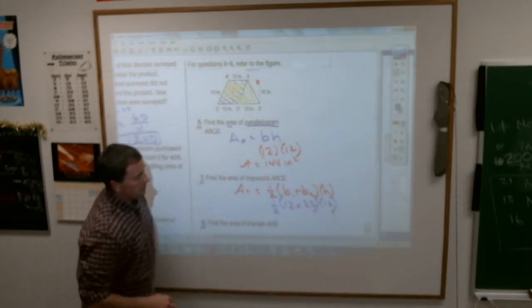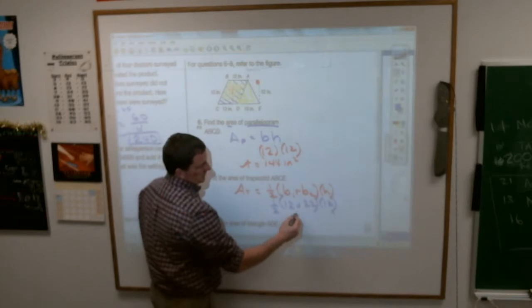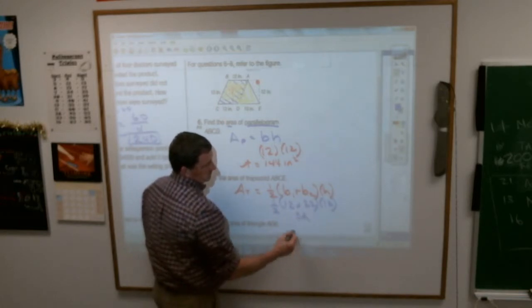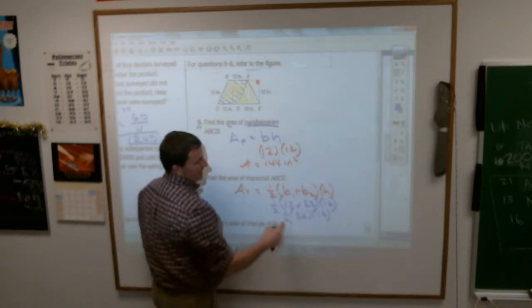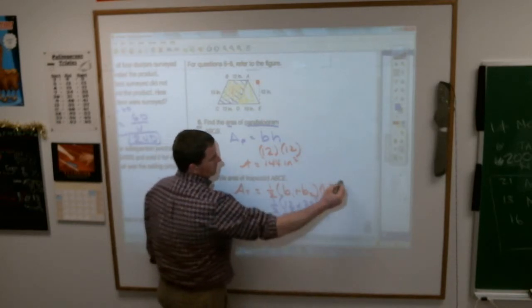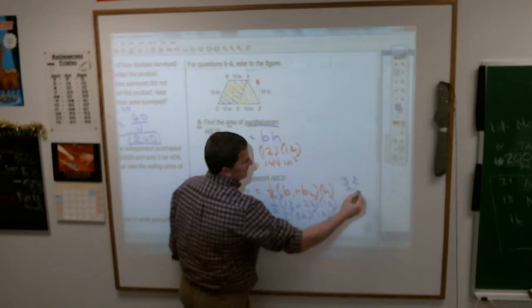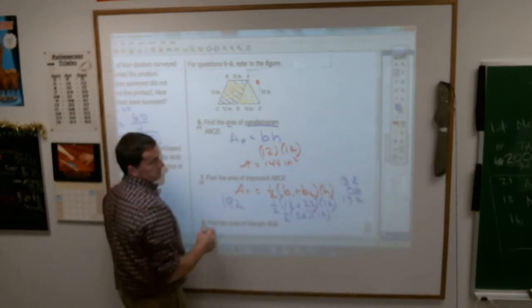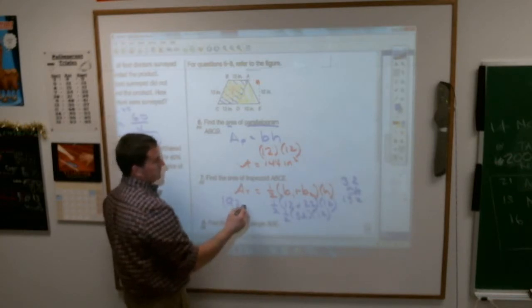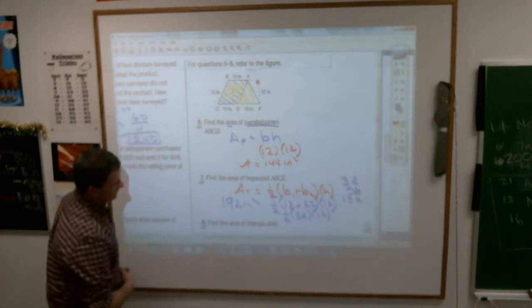Doesn't really matter the order you do this. I would add these together first and get 32 times 12. You can take half of 12 and get 6, and then 32 times 6 is 192. Whatever that is, inches squared.